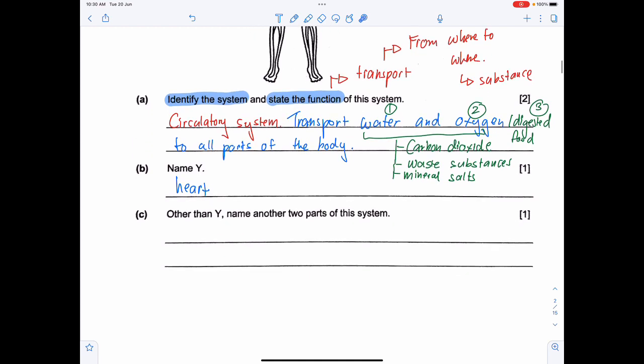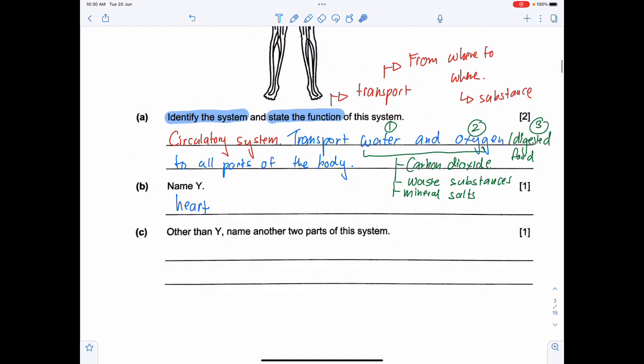Then we move on to question C. Other than Y, name another two parts of this system. This system is the circulatory system. So what are the acceptable answers? You can say blood vessels. You can say blood itself.